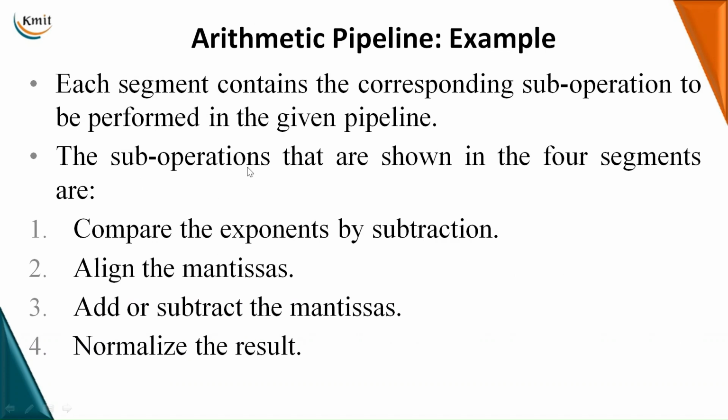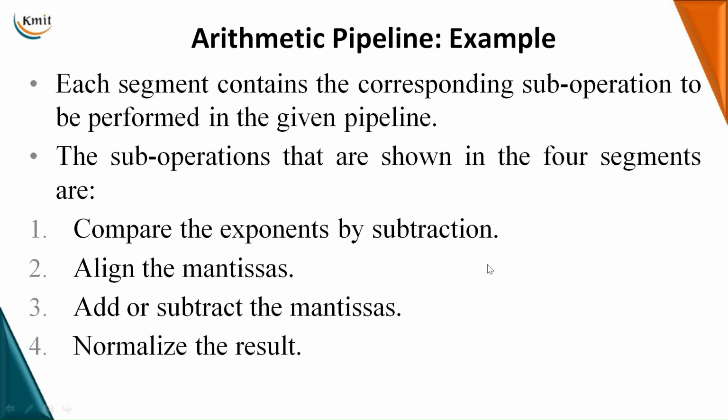Each segment is executed on a pipeline stage by overlapping the stages of the pipeline. In the first segment, you compare the exponents by performing a subtraction. Next, you align the mantissa part of your data and add or subtract the mantissas, and finally you normalize your result. These are the same steps we saw in floating point addition and subtraction.